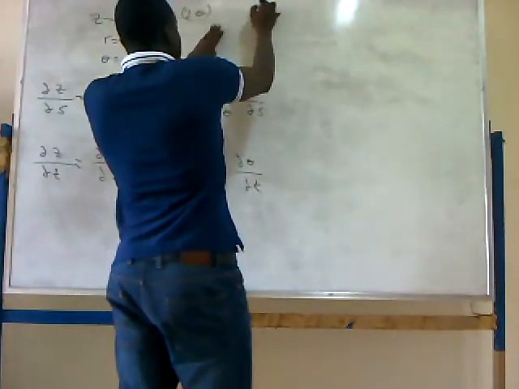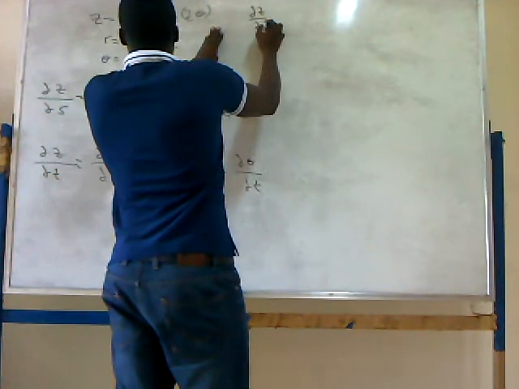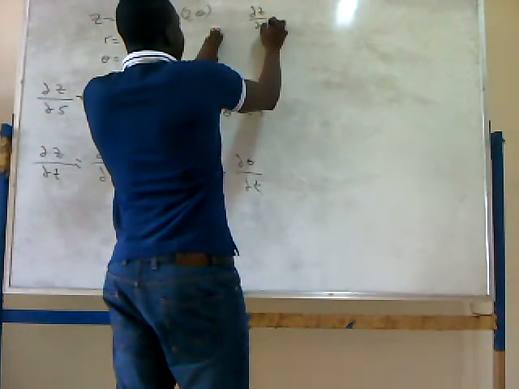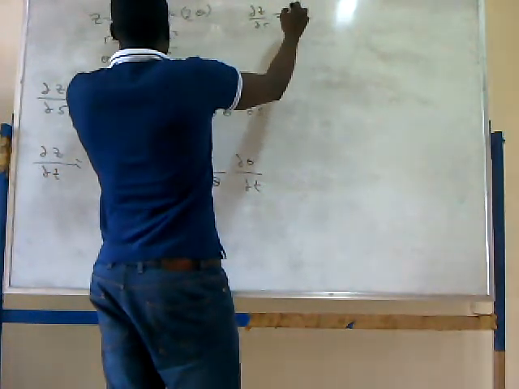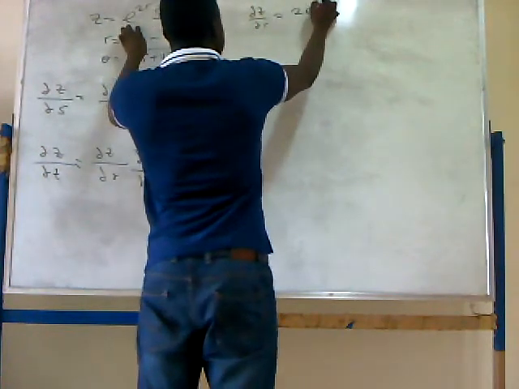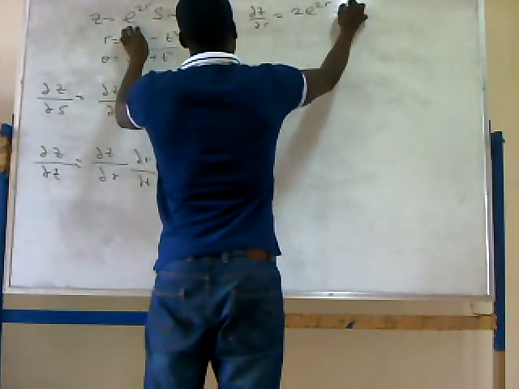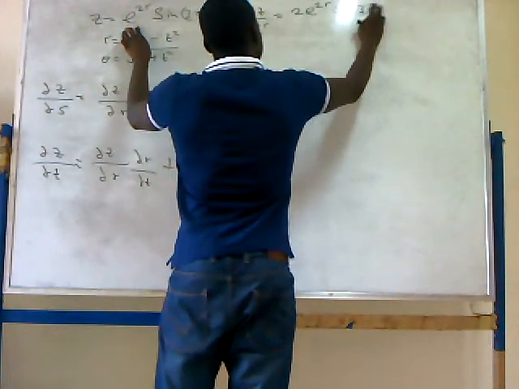Del z del r will be equal to 2e to the 2r sine 3 theta.